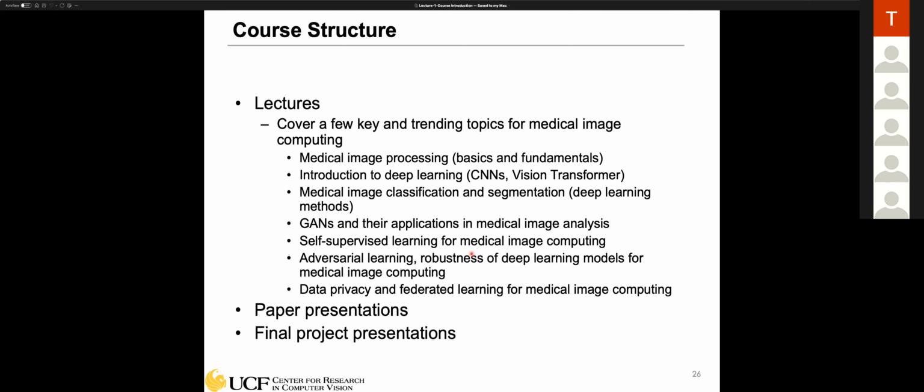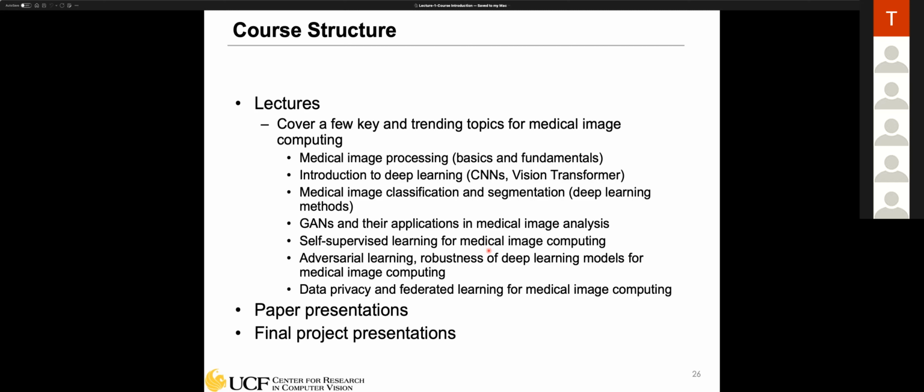And we'll also talk about self-supervised learning for medical image computing, okay? Deep learning is very data hungry, right? So we need a lot of labeled data. But for medical images, asking the physicians to label the data is very time consuming. So we don't have the luxury of a large scale labeled data set.